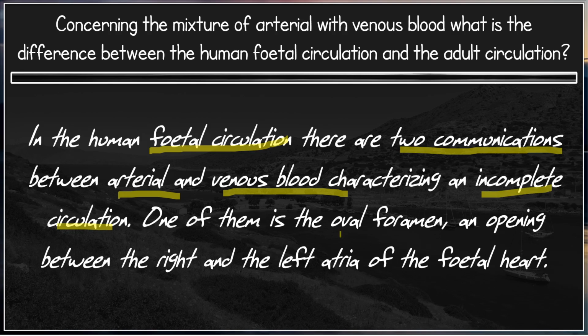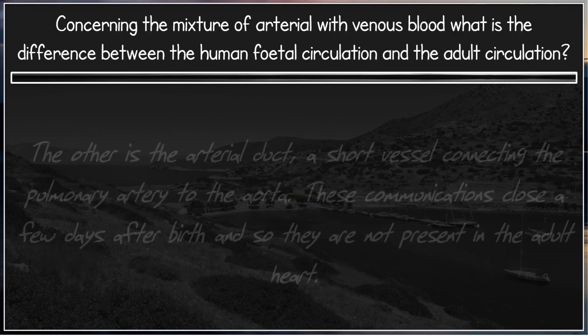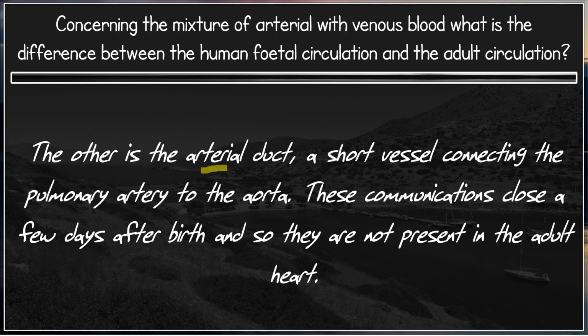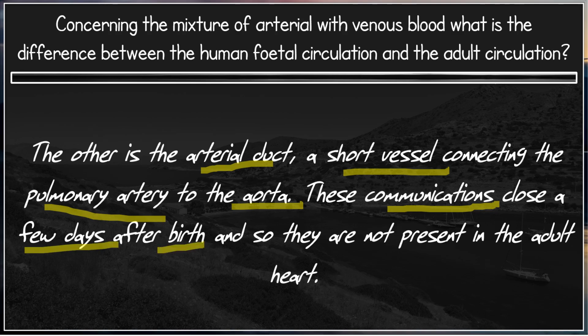One of them is the foramen ovale, an opening between the right and the left atria of the fetal heart. The other is the ductus arteriosus, a short vessel connecting the pulmonary artery to the aorta. These communications close a few days after birth, and so they are not present in the adult heart.